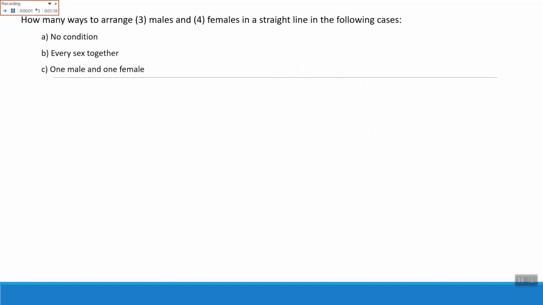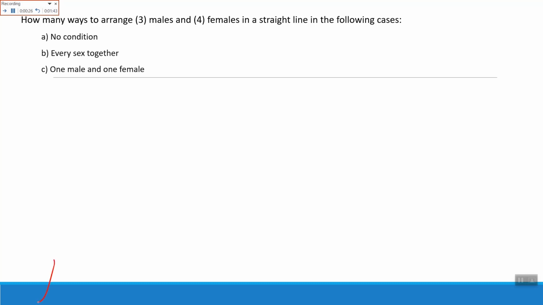Let's start the first one. The question says, in how many ways can we arrange 3 males and 4 females in a straight line in the following cases: A, with no condition; B, every sex together; and C, 1 male and 1 female.